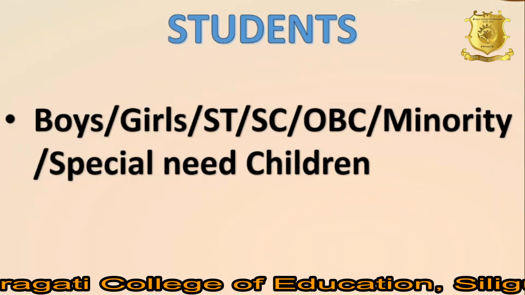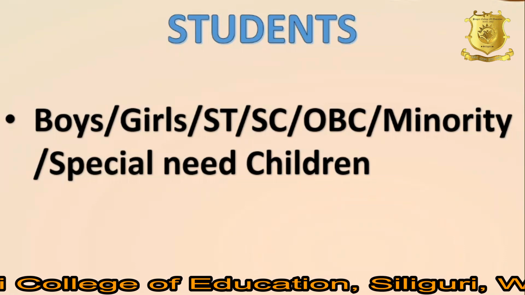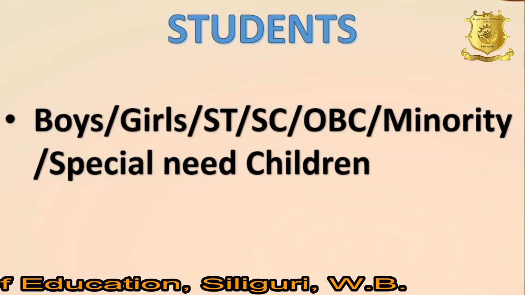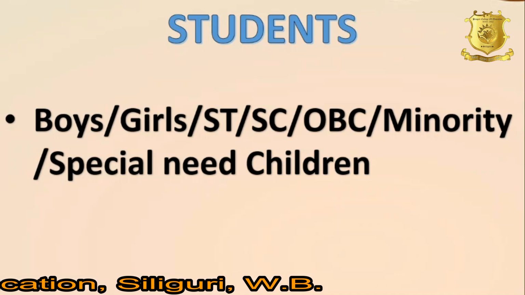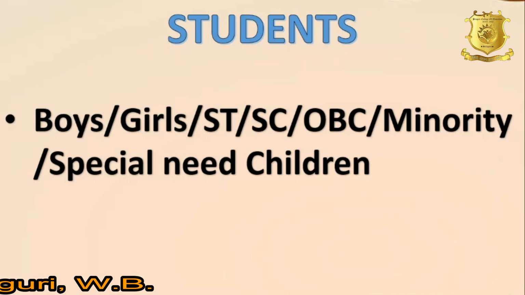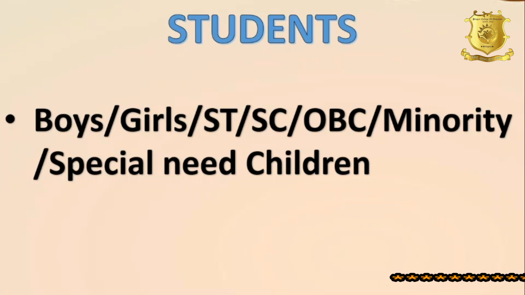So they focus more on their strengths rather than their weaknesses. Each and every student, whether a boy or a girl, ST or SC, minority or special needs child, must be provided with the same kind of education. No student should be denied proper education.